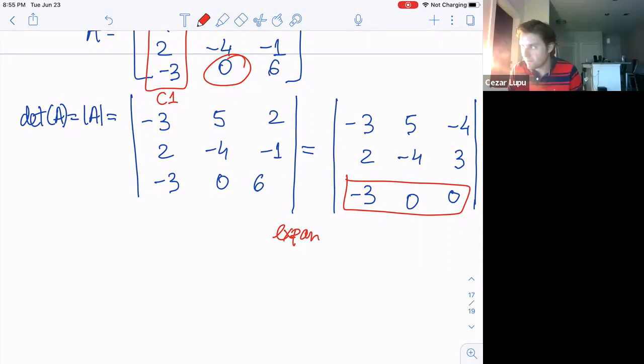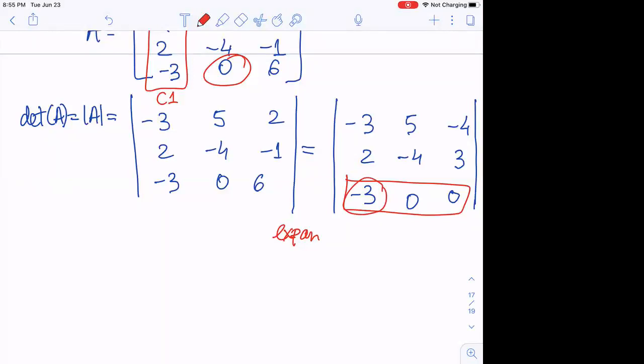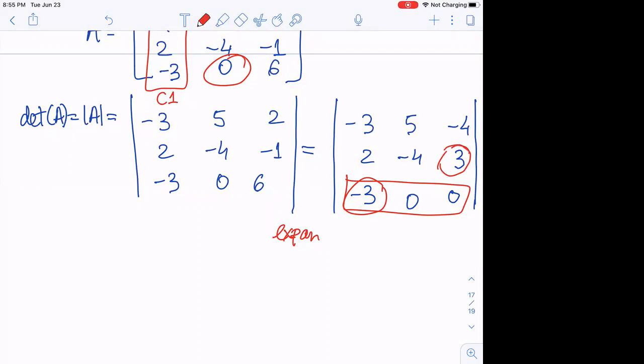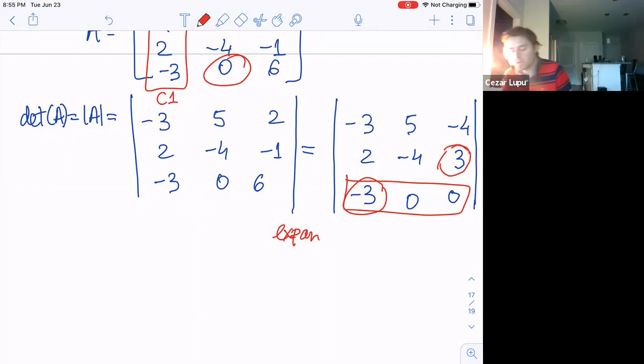Yeah, it's -3 here. You mean here? The third number on the second row. Here, this one? 4. Shouldn't that be -3 since it's negative? No, never. It's 3. It's correct. And now I can expand on the third row.